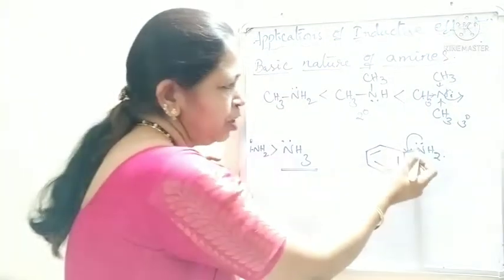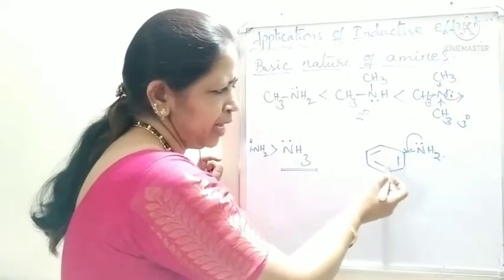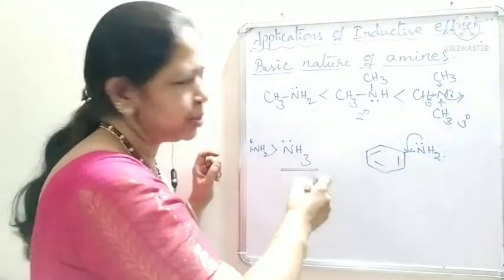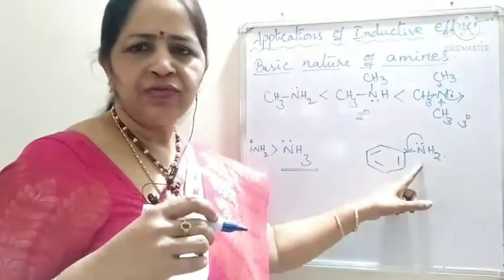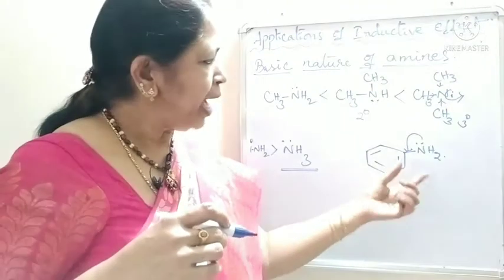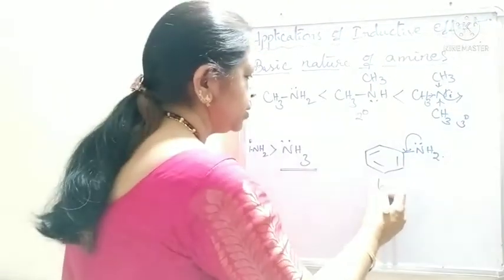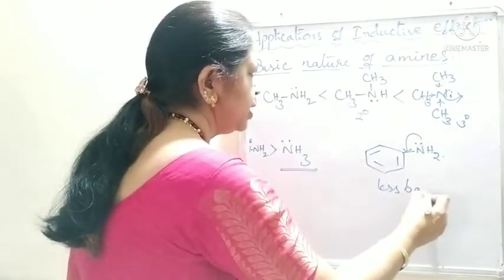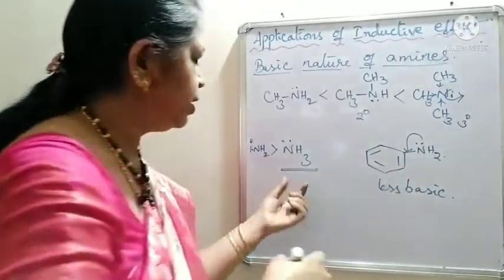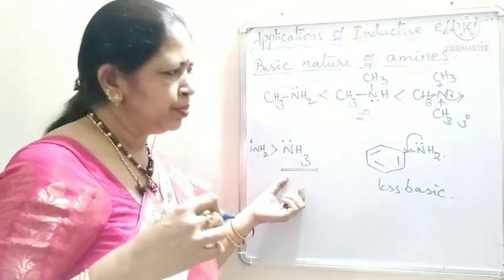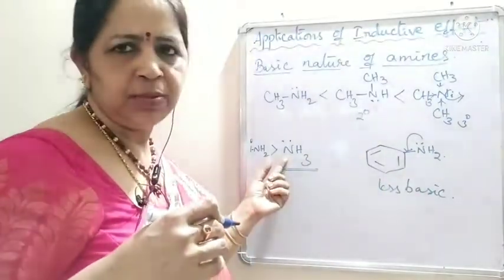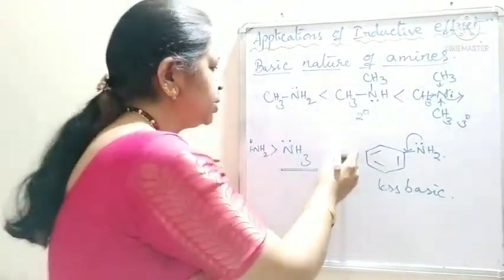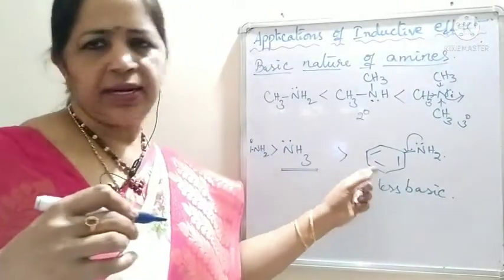So, this lone pair will participate in the resonance of the benzene ring. So, this lone pair is not available to the nitrogen for donation. So, aniline is less basic. Aniline is less basic than even ammonia, because the lone pair is not available here, whereas here the lone pair is available. So, ammonia is more basic than aniline.